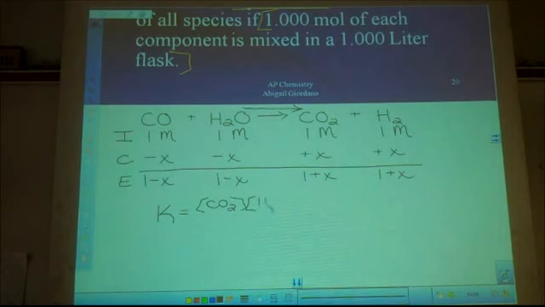Good, I'm glad you said times. I've seen a number of people writing plus signs in there. That's not correct. Okay? Very good. And I'm going to substitute in these expressions with X.